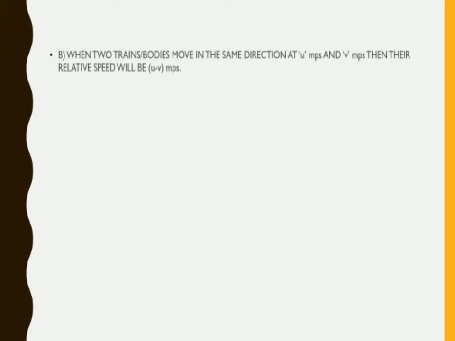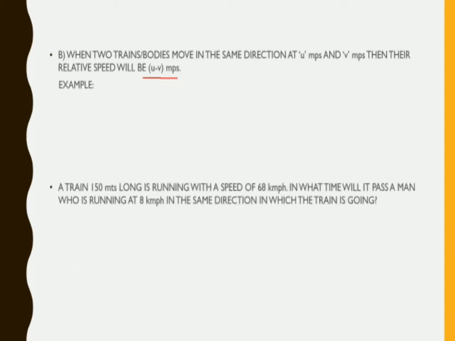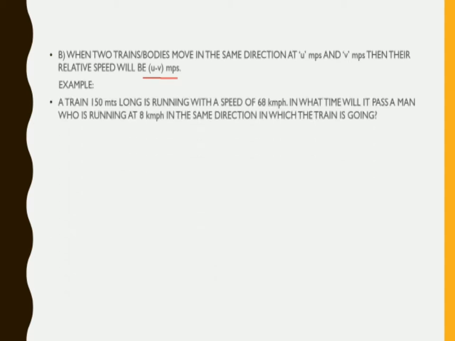That's the next subtopic. When two bodies are moving in the same direction, one having the speed u and the other having the speed v, then the relative speed will be u minus v meters per second. Consider this example of finding the time taken by the train to cross a man who is running in the same direction.